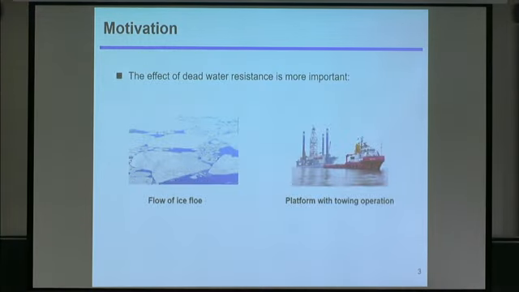Because in the polar ocean, the thickness of the fresh water on the free surface is very small. So when a larger iceberg or ice floe has a drift motion, the generation of the internal wave may be very large, so the dead water may be very important. So that is almost the reason why I'm here now.